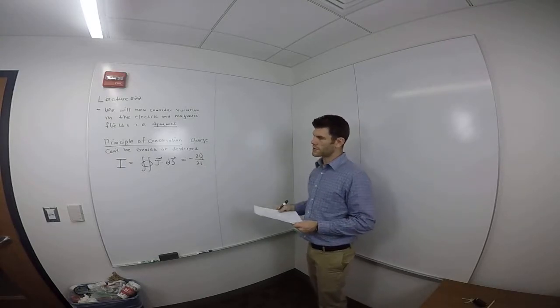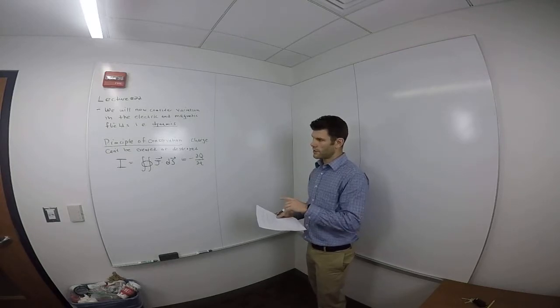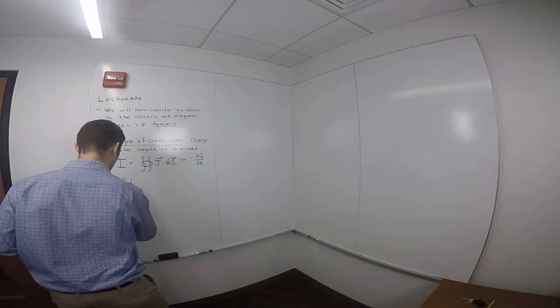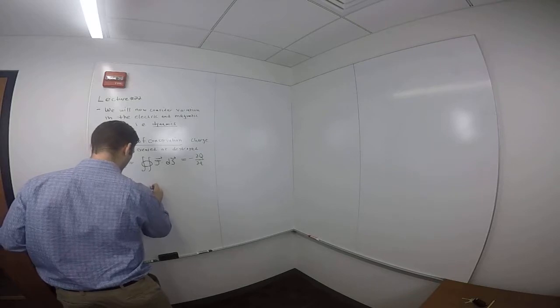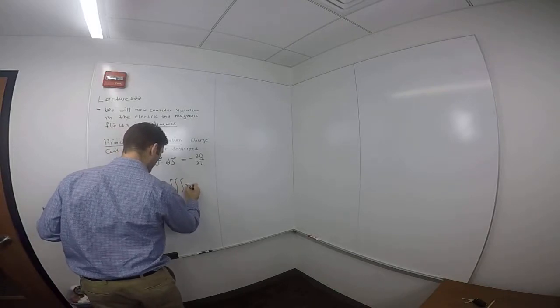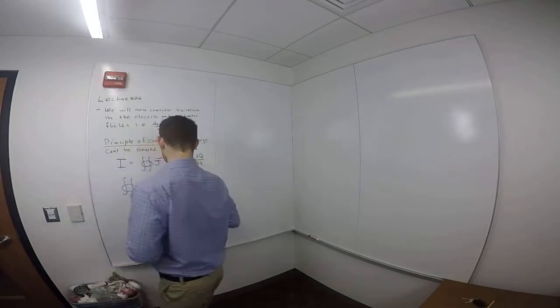So as you can see right here, we have net outward flux of the volume current density. From there, we can apply the divergence theorem, okay? We have net outward flux of J is equal to the volume integral of the divergence of J. Right?